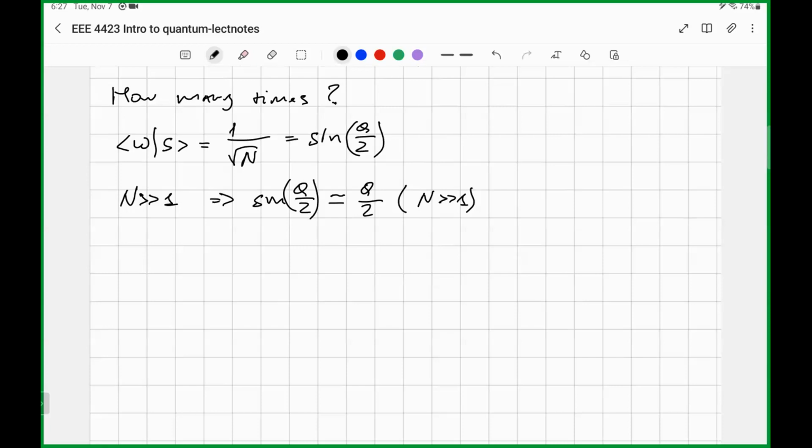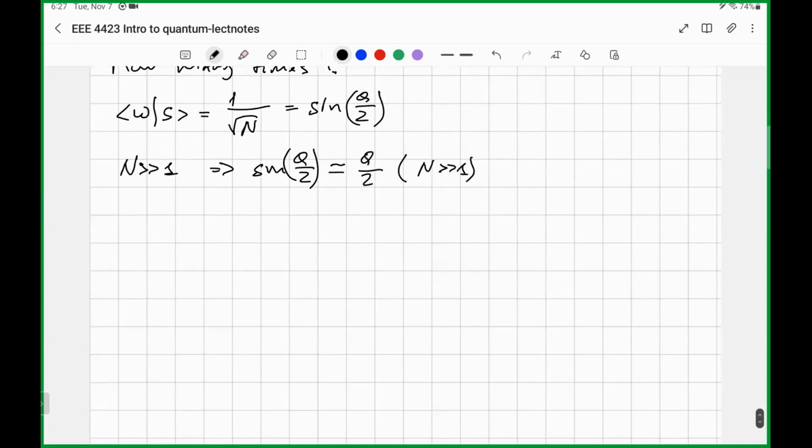Let us find the probability of measuring omega after a number r of iterations.